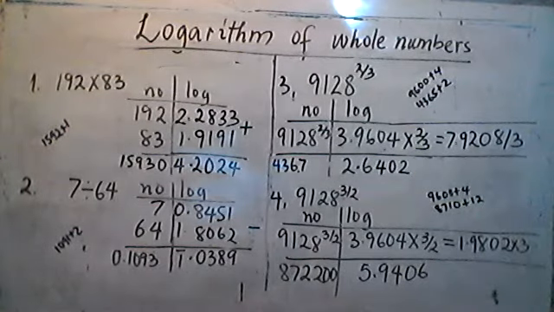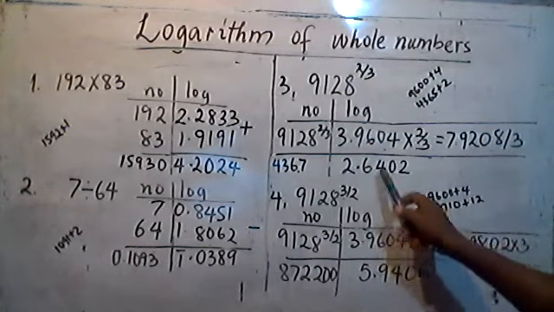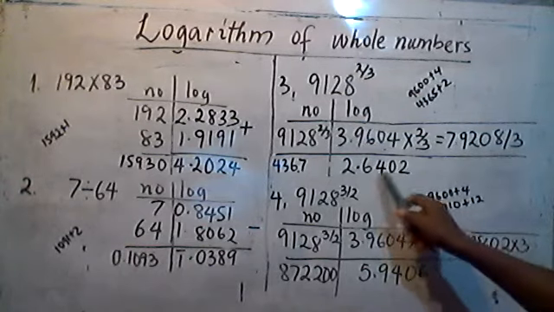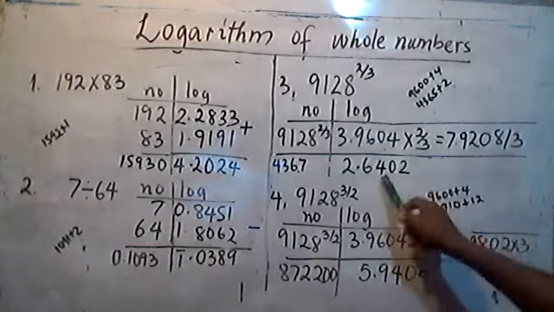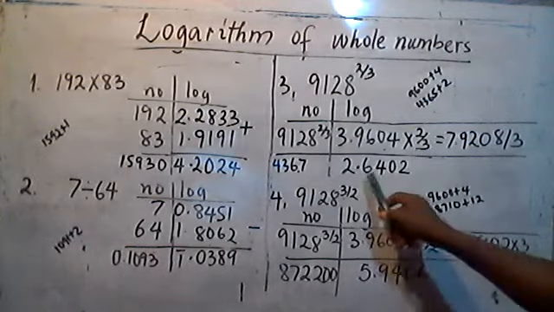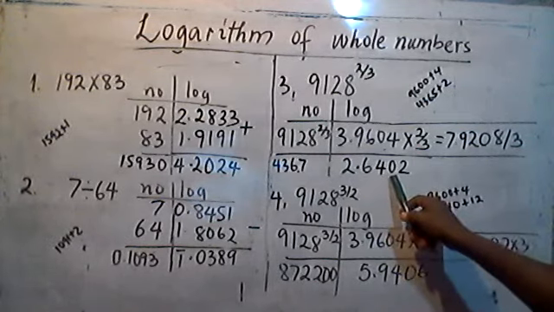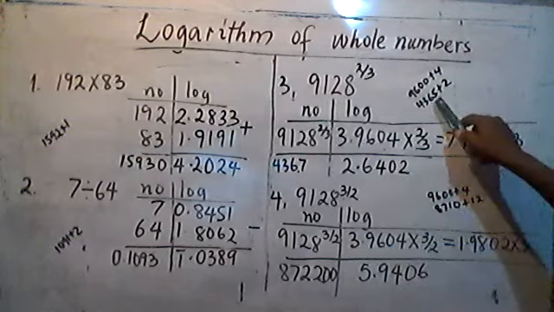Then we divide by the root. And if we divide this, we will get 2.6402. And the antilog, we look for 0.64 under 0. You have 4362.